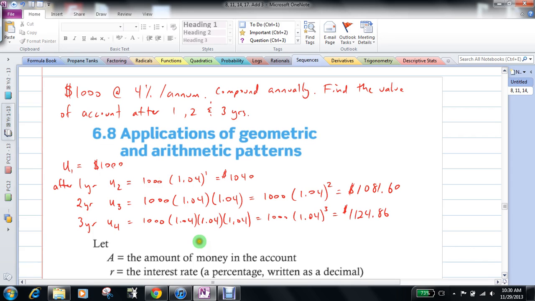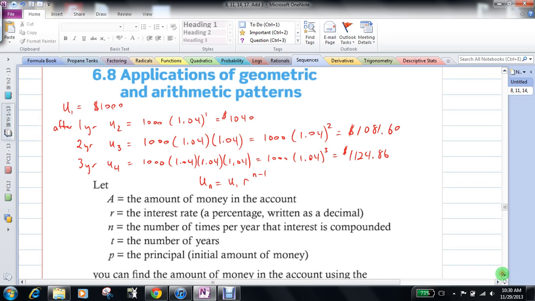In addition, you can also see that Un equals U1, the $1,000 that I had originally, multiplied by my common ratio, which was 1.04, to the n minus 1. Yes, it's n minus 1 because when it's year U4, the 4th term, notice we had an exponent of 3. 4 minus 1 is 3.